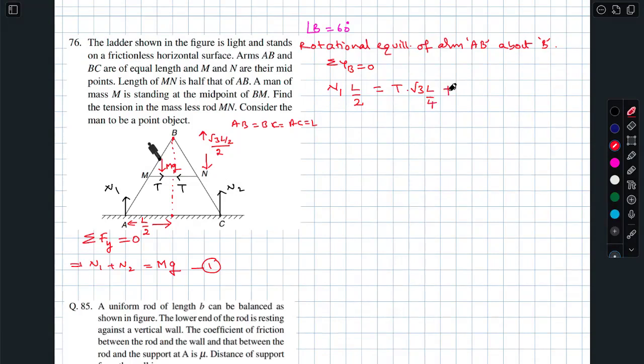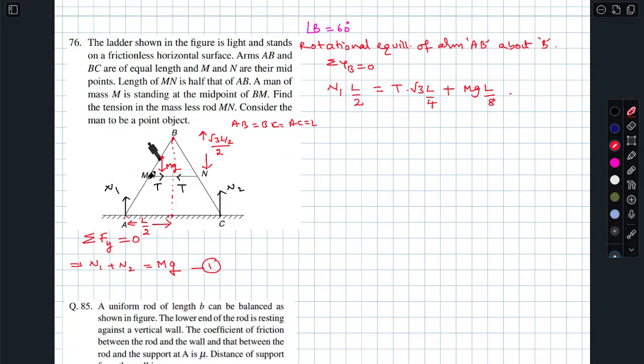Where is Mg acting? Here at the midpoint. That is right, it is at the midpoint. For the full triangle, this is L by 2. For this triangle, this is already L by 4. For this, it is L by 8. Mg times L by 8. I am repeating, full length L, this is L by 2.